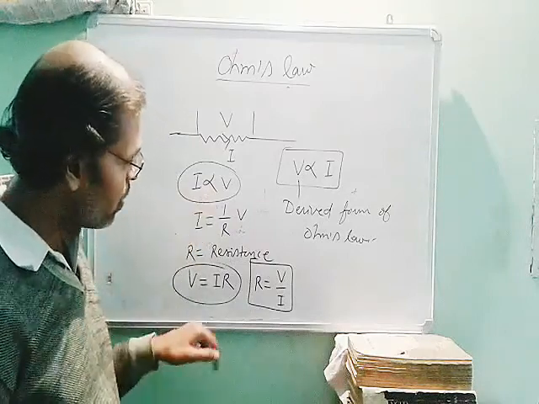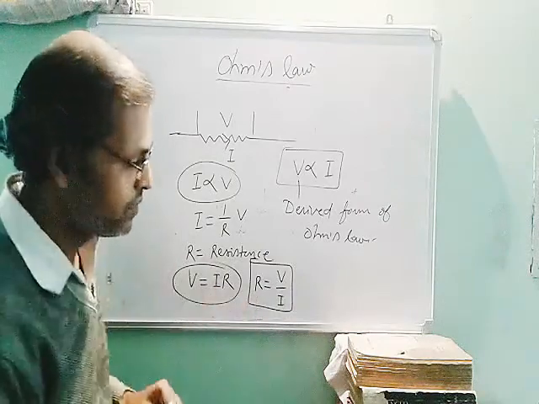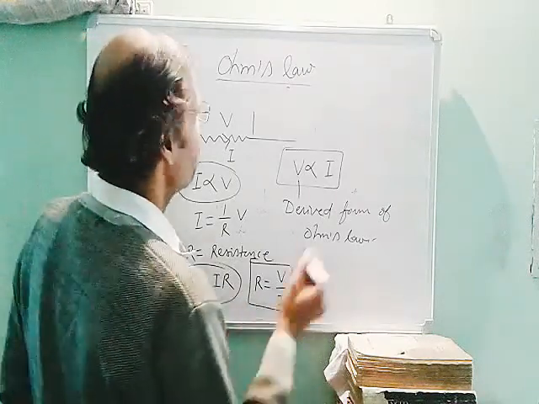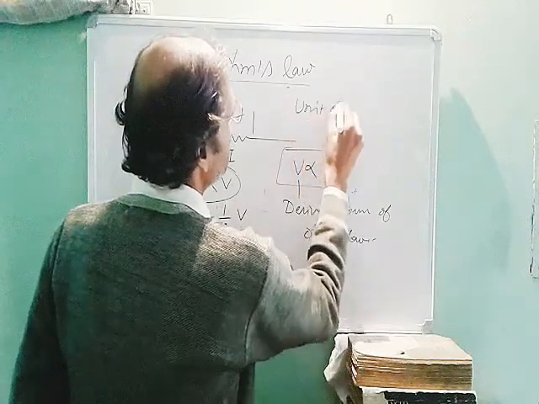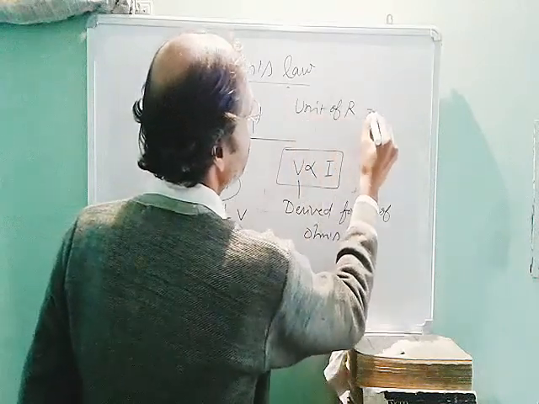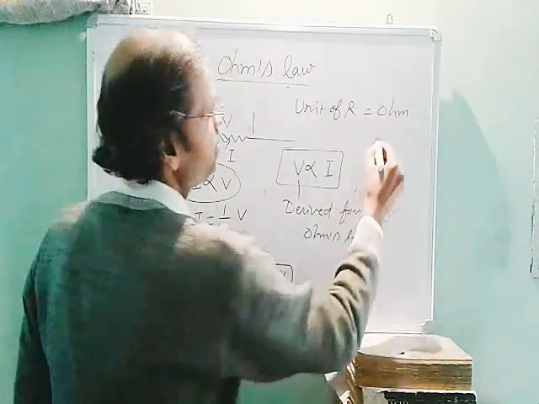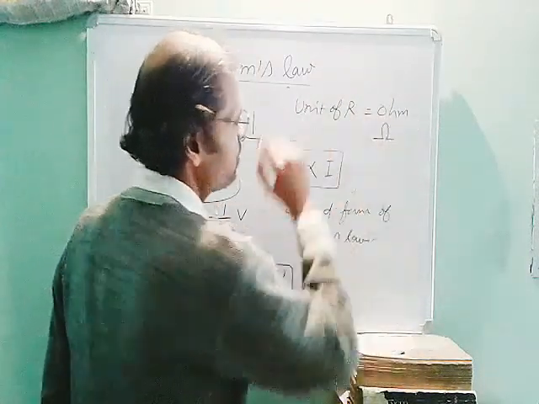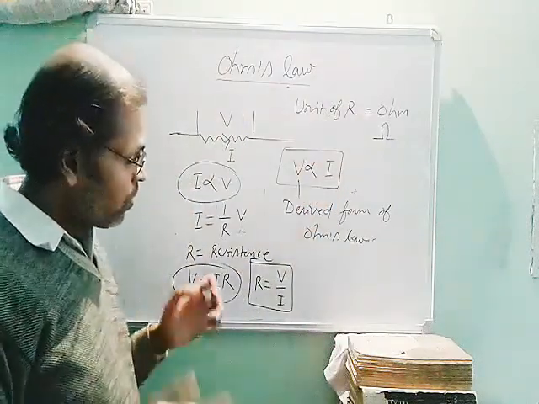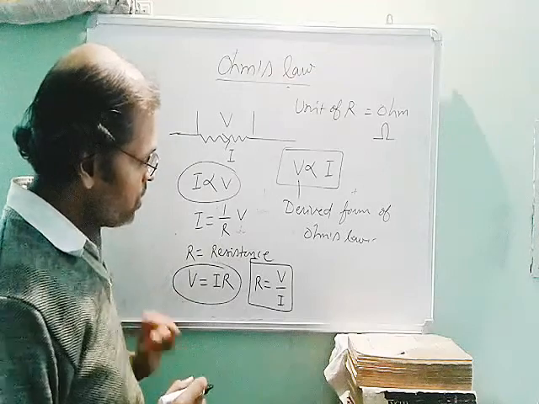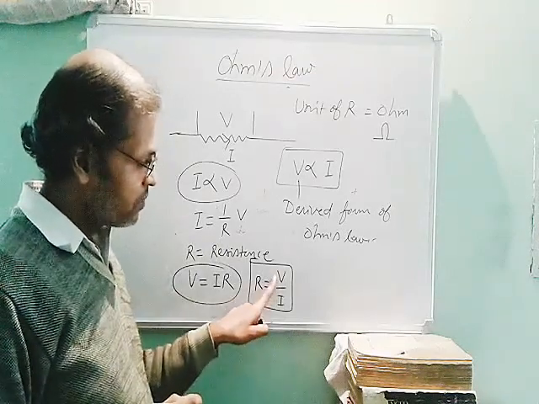Now we have to focus on the unit of R. Okay, let's focus on the unit of R. The unit of resistance is Ohm. The symbol is omega and unit is Ohm. You can also draw a conclusion by considering this equation.